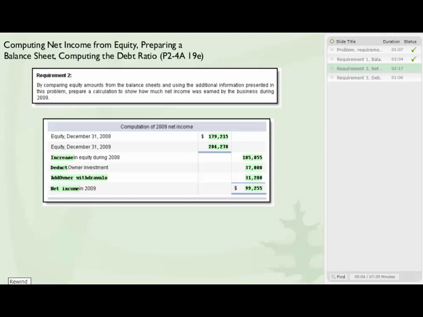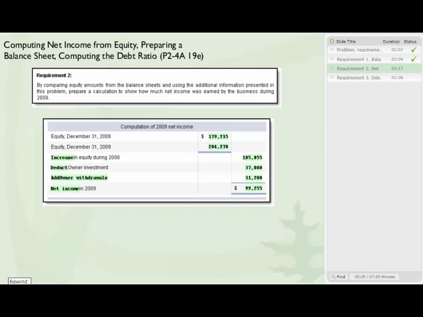Now, the additional information also told us that the owner had made an investment of $37,000. An owner's investment is not part of net income. It's considered an additional investment of capital, but it is not the result of revenues less expenses, which is how we calculate net income.